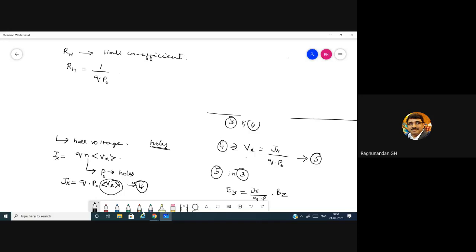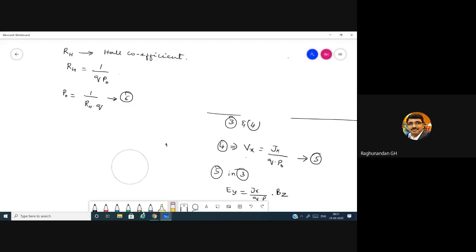Now, from this I can get an equation for P naught. P naught is equal to 1 divided by RH into Q. Take this as equation number 6. So P naught is equal to 1 by Q into RH.